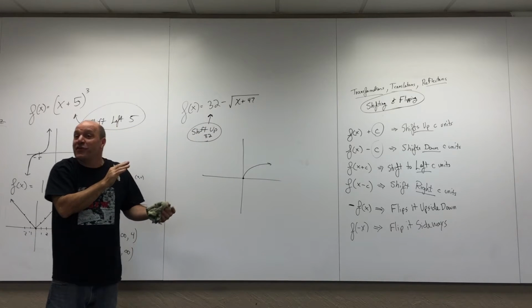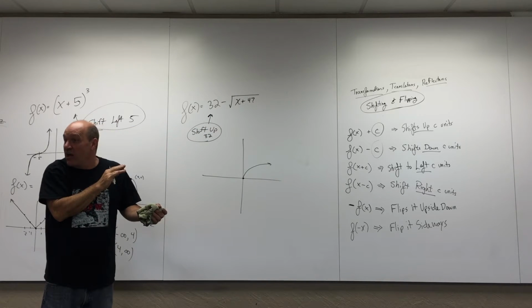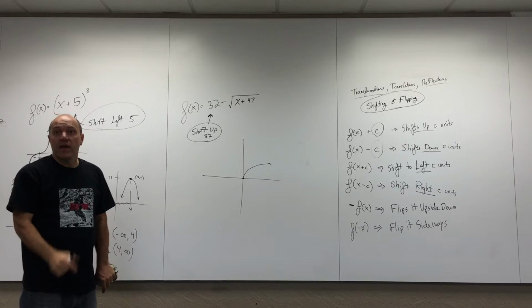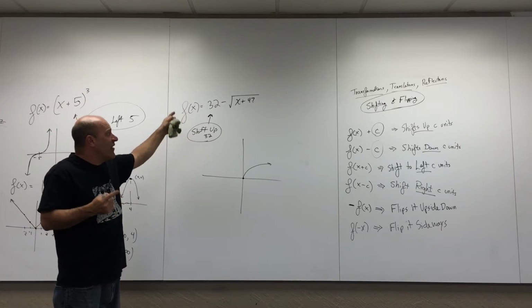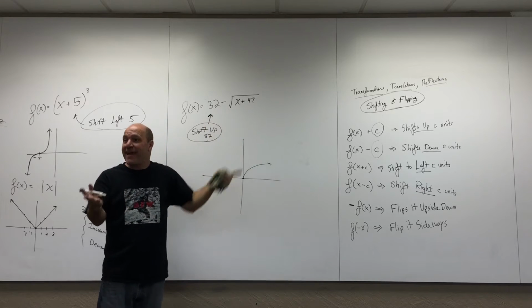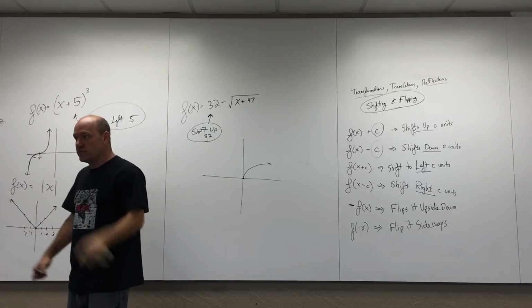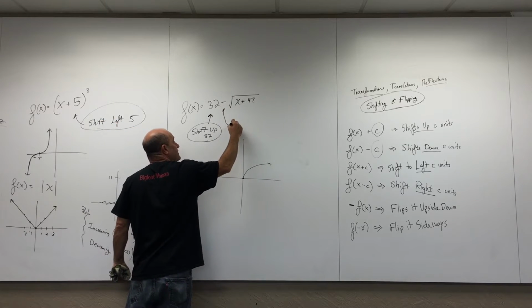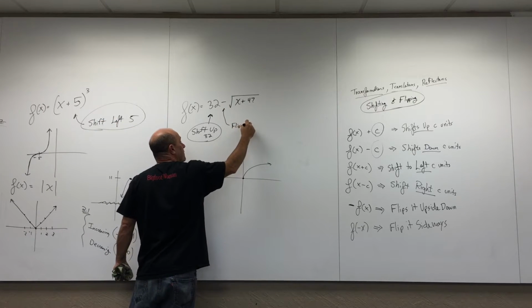If it was a negative 32, I think I'd call it a shift down. But it's a 32 that's positive, so it's a shift up, 32. And then that negative sign is not on the 32. The negative sign is in front of the function, and we know what that means. That's the flip upside down. So he's right about that.